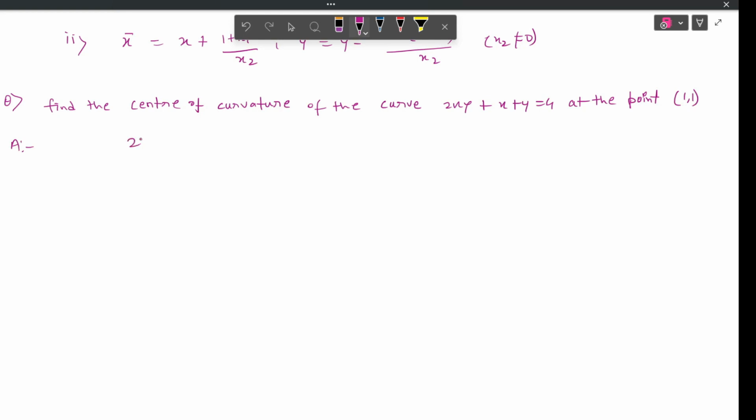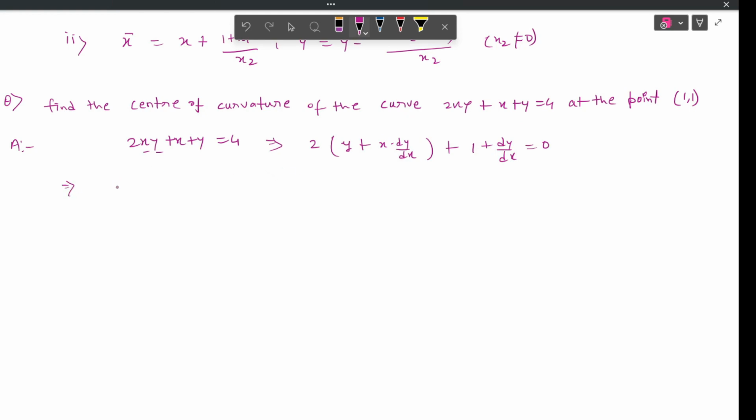Our curve is 2xy plus x plus y equals 4. Now let's differentiate both sides with respect to x. So it will be twice, you have to apply the u into v rule, y plus x into dy by dx. Differentiation of x is 1, differentiation of y is dy by dx. So 1 plus dy by dx equals 0.